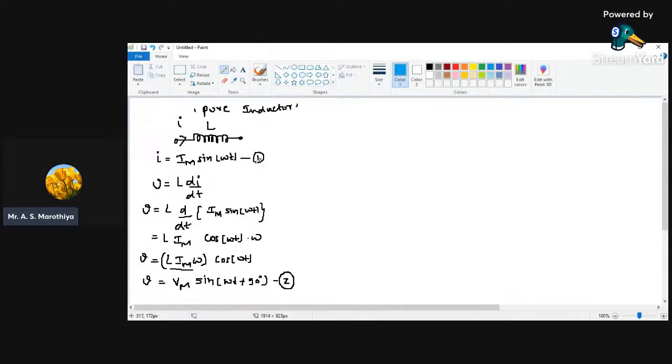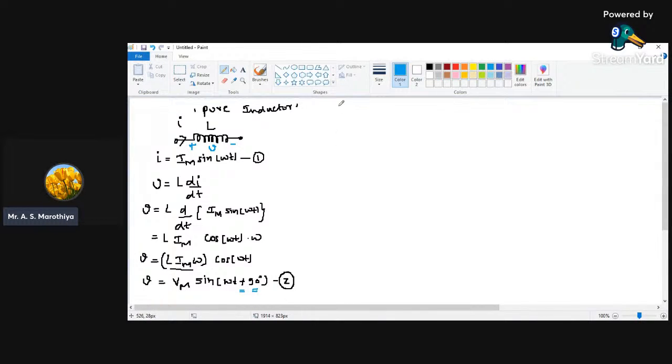Now see, equation number 1 indicates the current flowing through this inductor, and it is I equals I max into sine of omega t. And equation number 2 indicates the voltage across this particular inductor, and it is Vm into sine of omega t plus 90 degree. Now here, with respect to this current I, the voltage is going to lead by an angle of 90 degree.